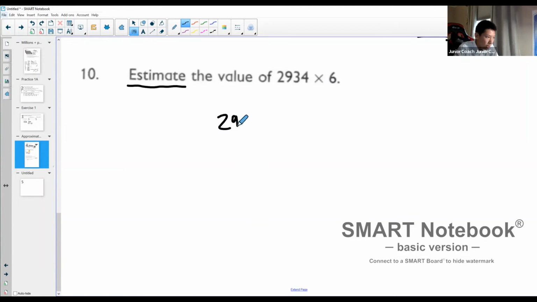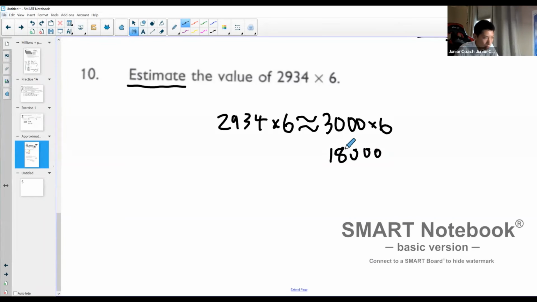So we have 2,934 multiplied by 6. We can solve this, right? But it's difficult to do. So we are going to estimate this, make it easier. We're going to make it 3,000 times 6, okay? And then the answer to this is, of course, 18,000. So our answer would be 18,000.